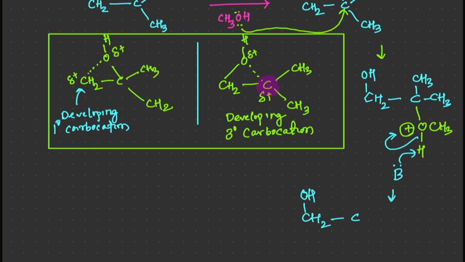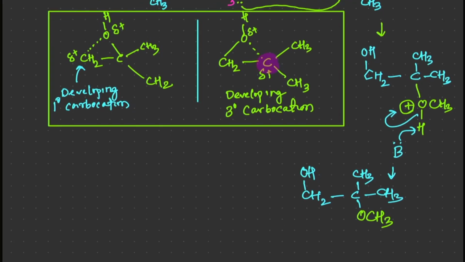Since we are doing extended structure, I should draw it that way. So we got our OCH3, and whatever abstracted the proton will go away. So this is your final reaction.